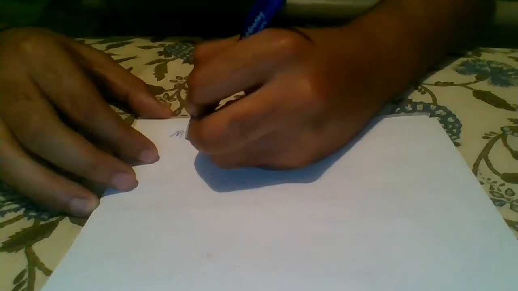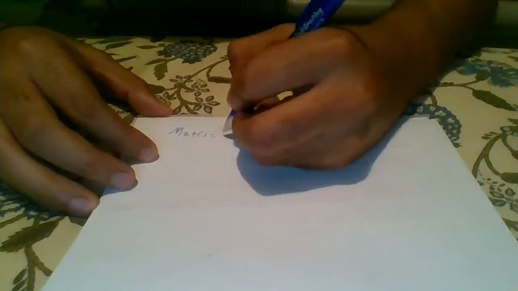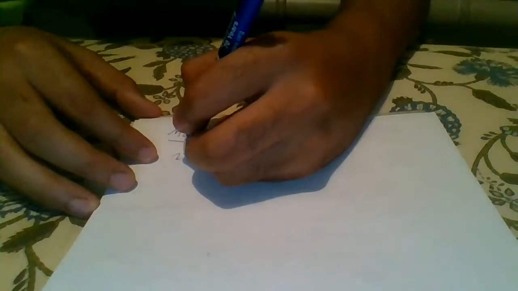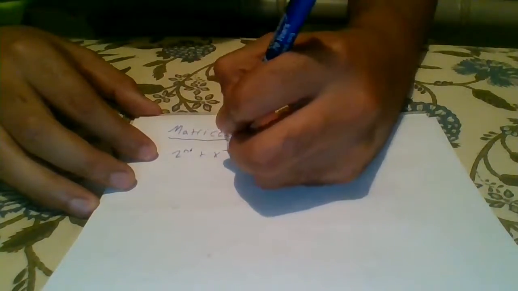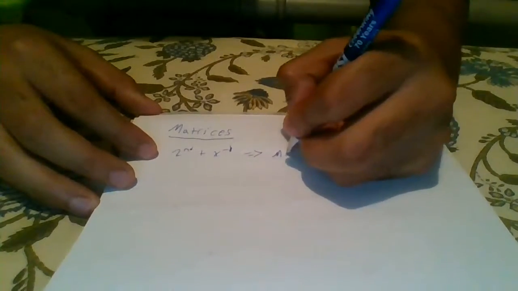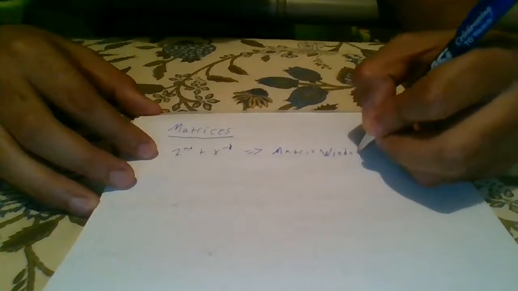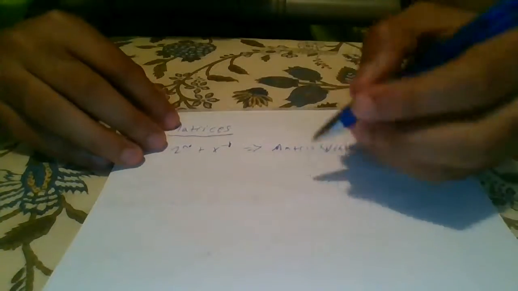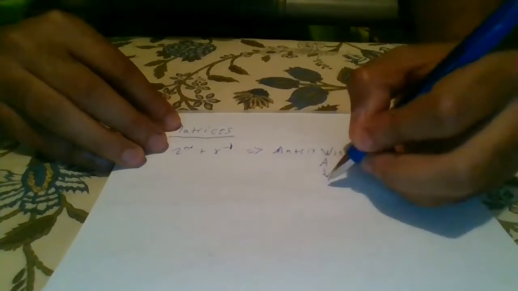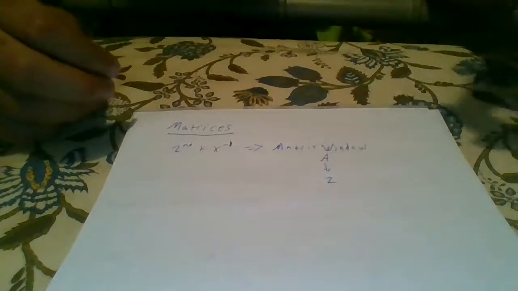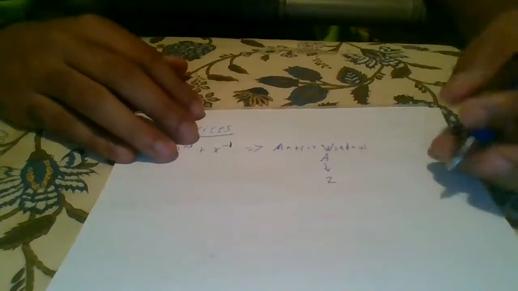So if you recall, to set up matrices on the calculator, you do second plus x to the negative 1, and that will take you to the matrix window. Within the matrix window, you'll have like a list. It'll be like A through, and I'm sure it goes to Z. I haven't looked that far, but it just gives you a list of matrices at the start.